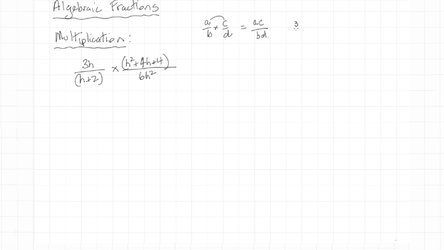So for instance, if you had 3 over 5 times, say, 7 over 15, before you actually multiplied out the tops and the bottoms, you could try and cancel down. You can see from here that 3 is a factor of both 3 and 15, and we'll divide 3 into it, as long as it goes in evenly.